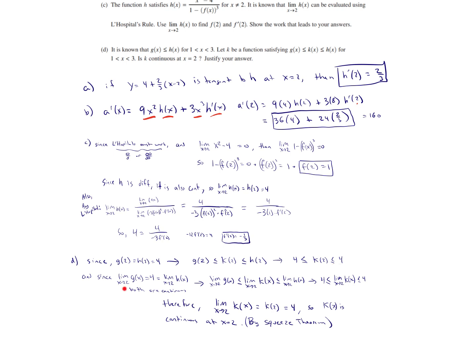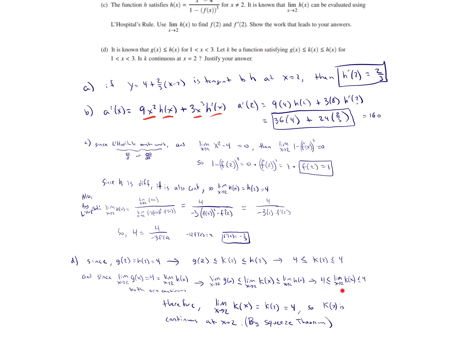And the idea with squeeze theorem is that we can also do it with the limits. So the limit of g of x is 4, and the limit of h of x is 4, we know that because they're continuous. So then we can say that the limit as x approaches 2 of g of x is less than or equal to the limit for k of x is less than or equal to the limit for h of x. And those two are 4.